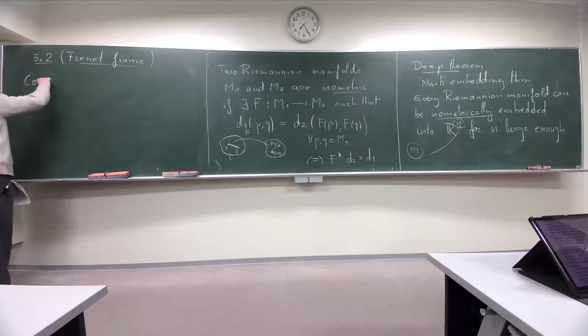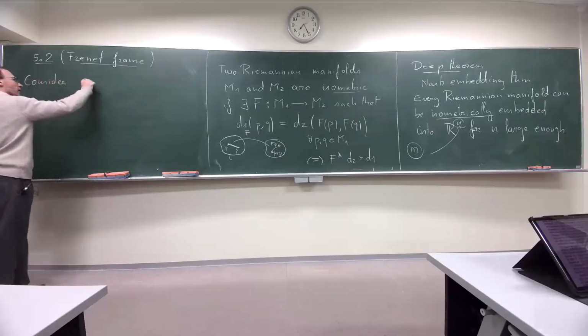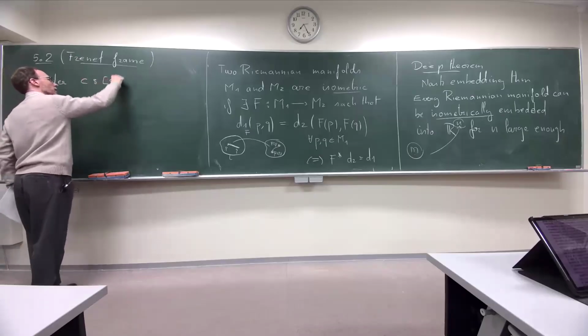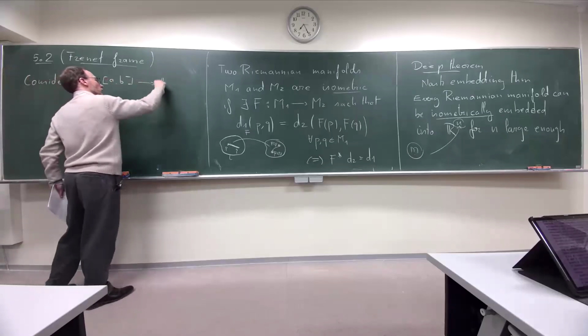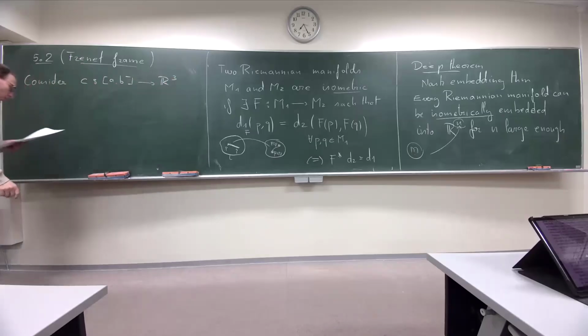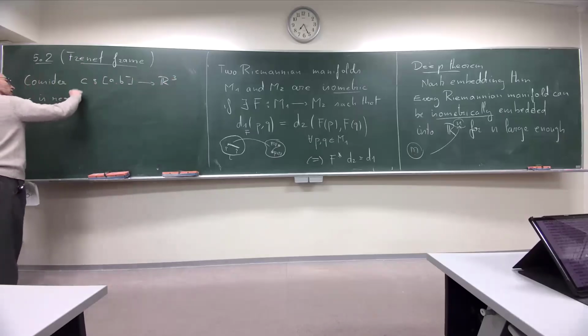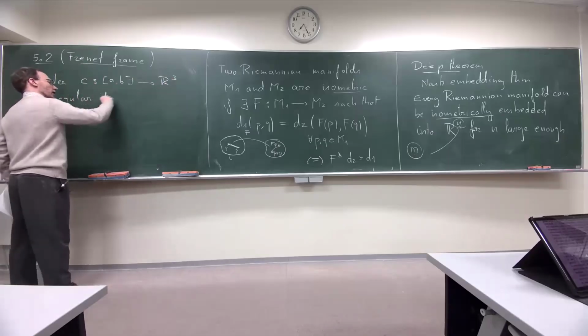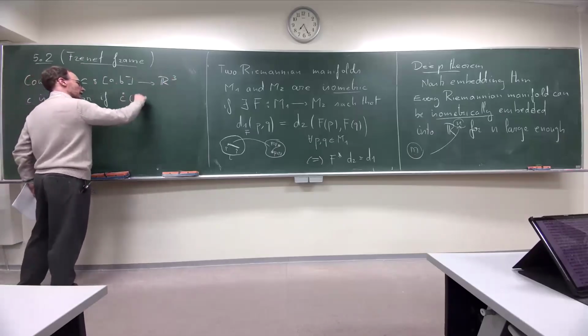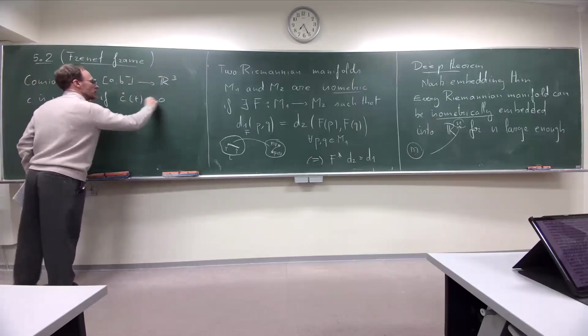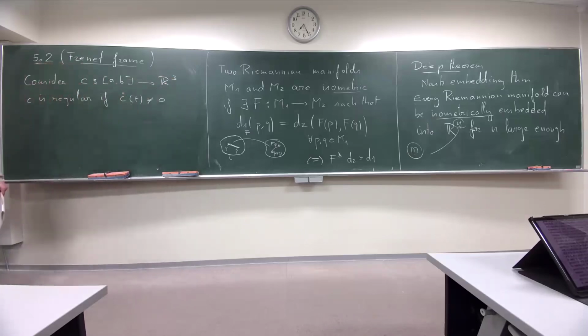So I can go slightly fast. We consider a curve C from A to B in R3. It's a three-dimensional problem. C is regular if C dot at any t is never 0. Here, we are in R3, so it's just the derivative of this function.